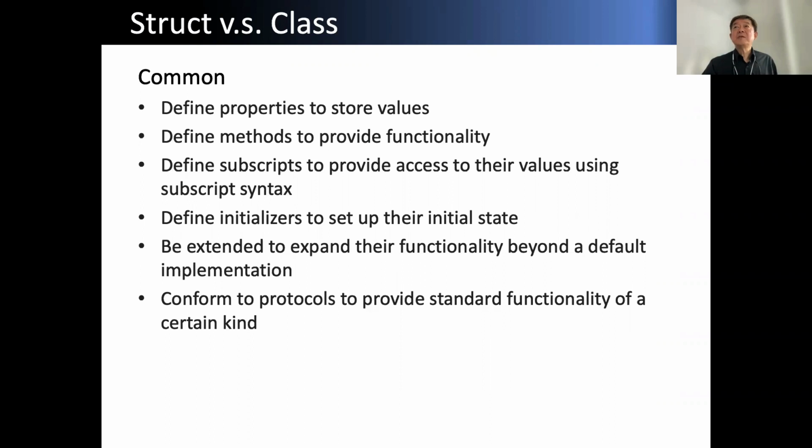Historically, C already prepared some block of coding called the struct. It is like a data type. So struct and class are the same in a way, as in these bullet points.